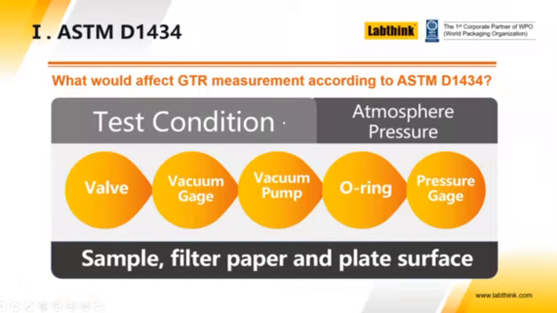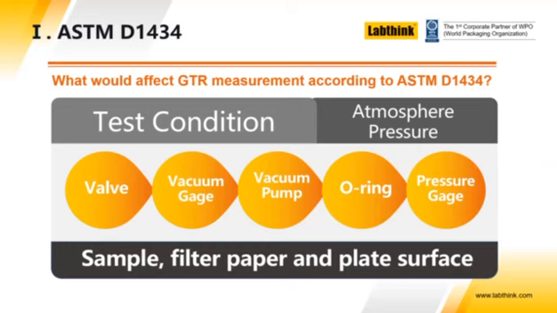So reading the standard, it describes in some detail lots of things which can affect the result. And so like any scientific measurement, it's important to be consistent and to rule out as many conditions as possible which would perhaps affect the result in an adverse manner. Some of the things which the standard addresses are the need for very good valves.